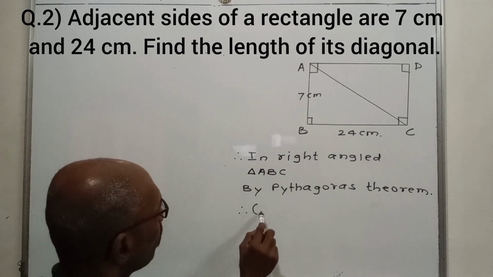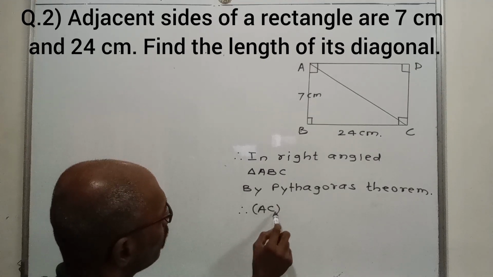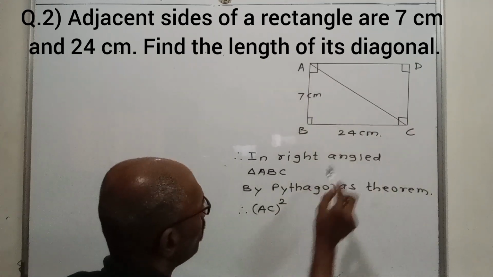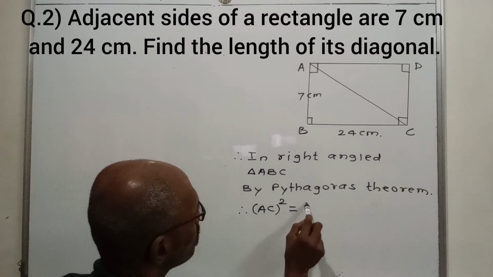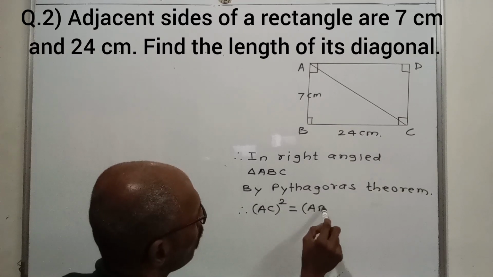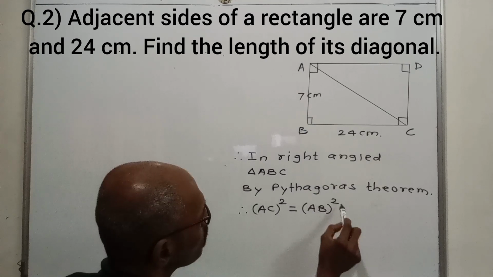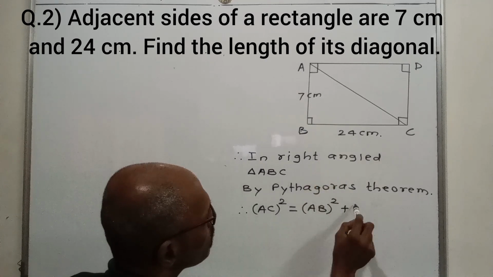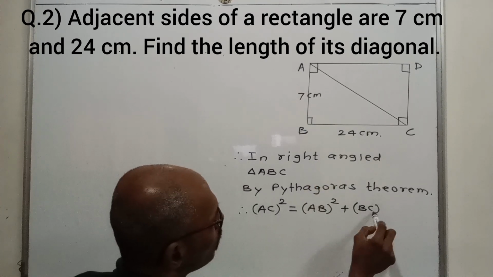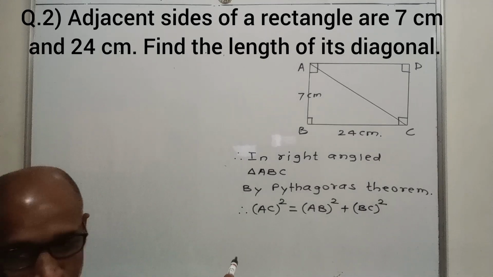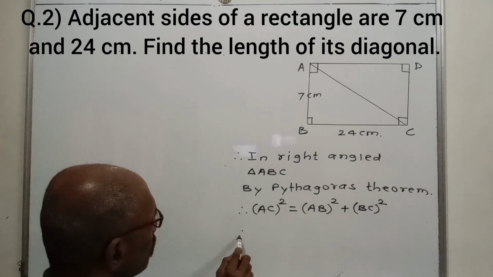Therefore, AC square is equal to AB square plus BC square. Then we put values.